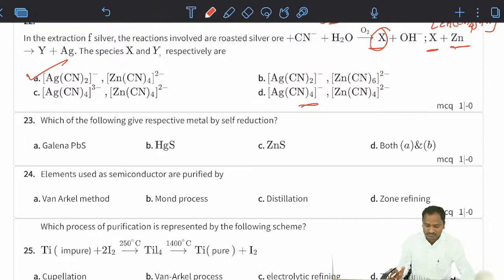Clear, students? Which of the following give respective metal by self reduction? There are different reduction processes, students. Some oxides can be reduced by hydrogen, some by carbon, some by carbon monoxide, but some ores undergo self reduction, no need to use any reducing agent.